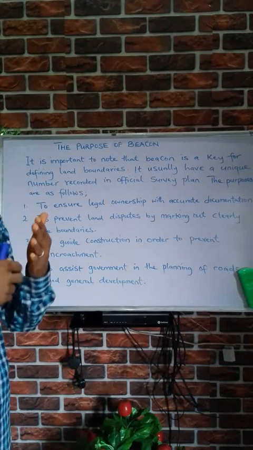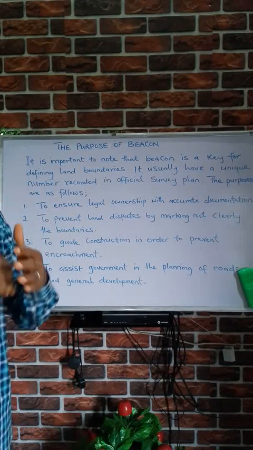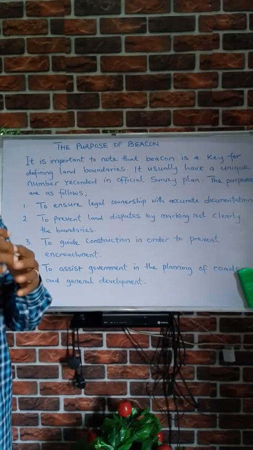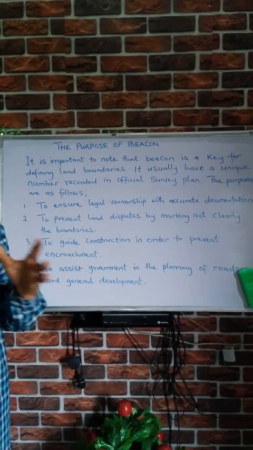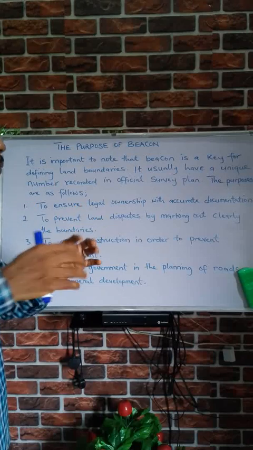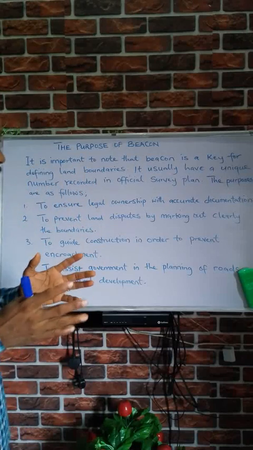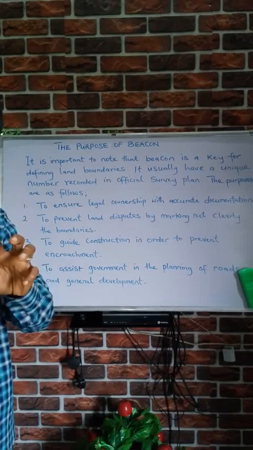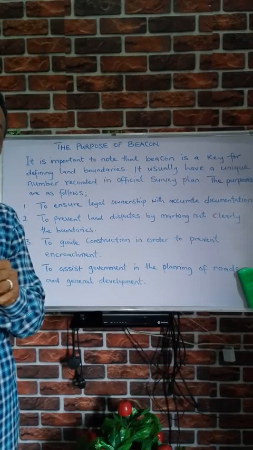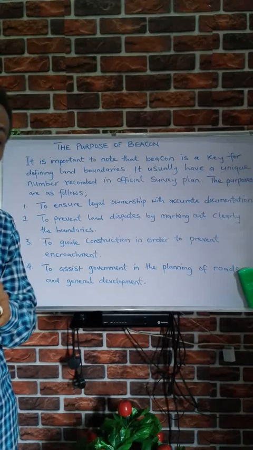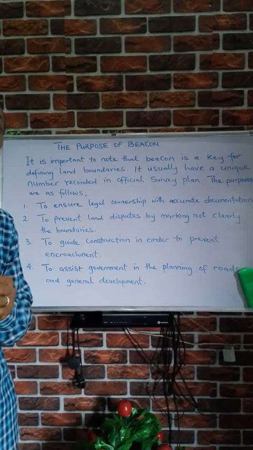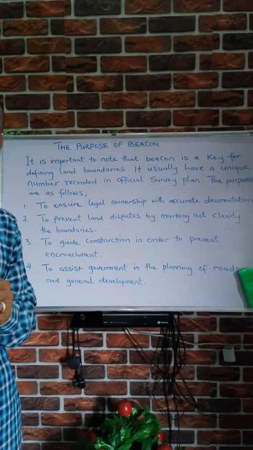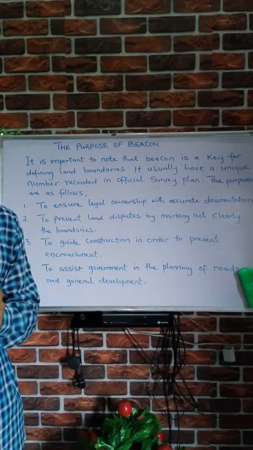Then you see other details in terms of the drawings, the coordinates, the registration numbers, and all of that. All will appear in the documentation. So when you see such a document, it gives the right of ownership to a particular individual whose name appears on that survey plan.